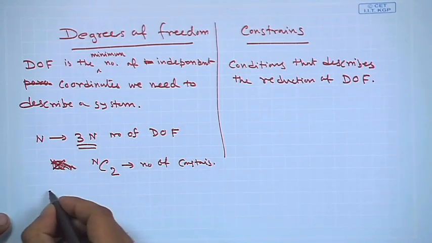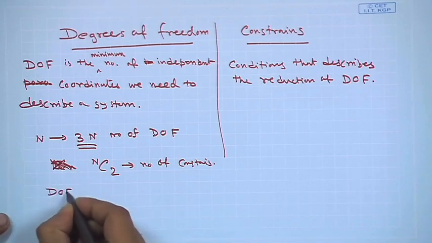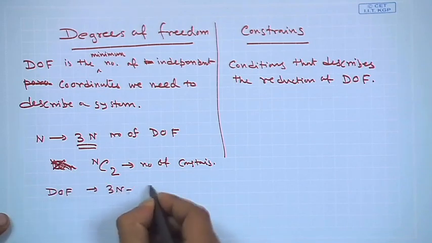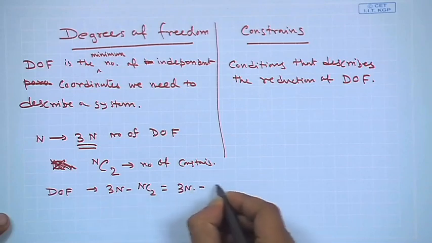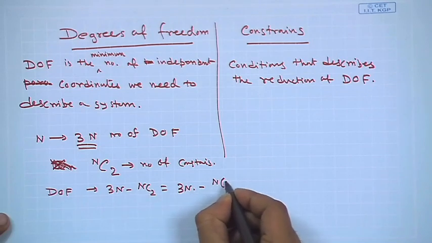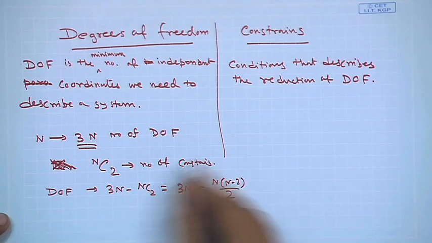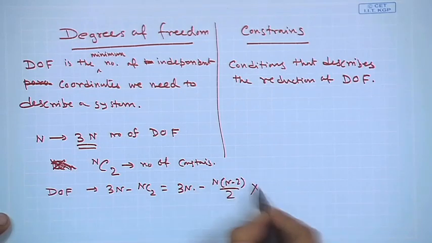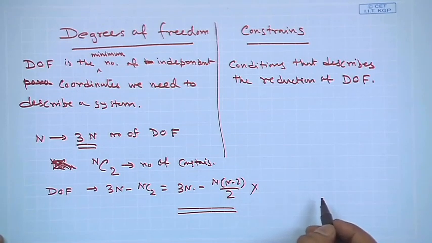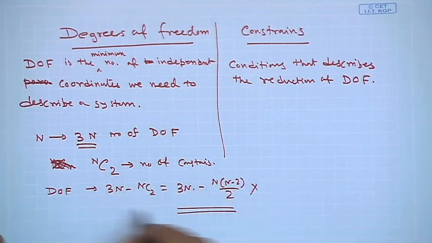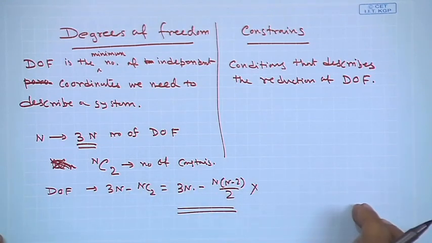So, we can simply say that the degree of freedom of a rigid body is 3N minus NC2, which is 3N minus N(N-1)/2, but it is wrong. This is not right, because there are logical reasons for it. If you go through the master book of classical mechanics, Goldstein's book, you will have an idea why this relation is wrong. We are not going into this.